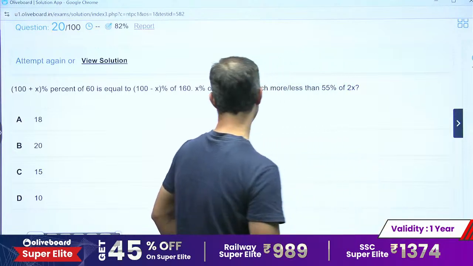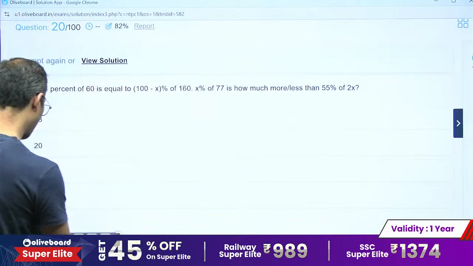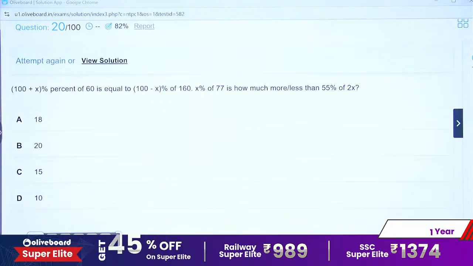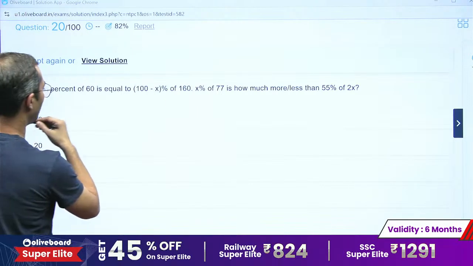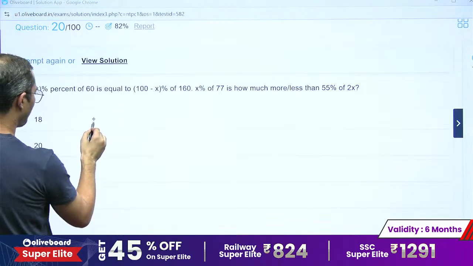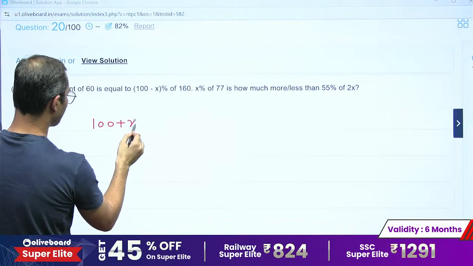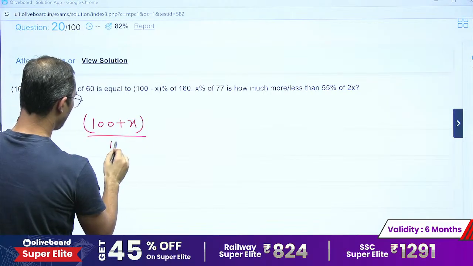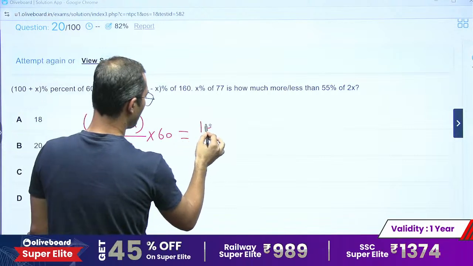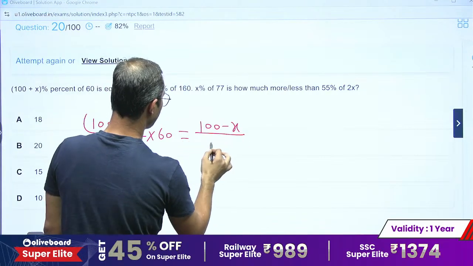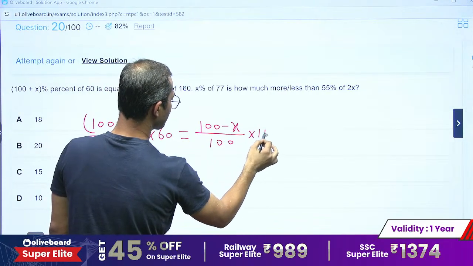tell me what is the answer of this question. Yes, please. See, 100 plus x percent of 60 is equal to 100 minus x percent of 160, right?